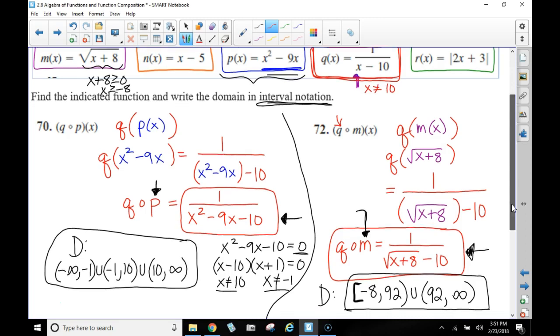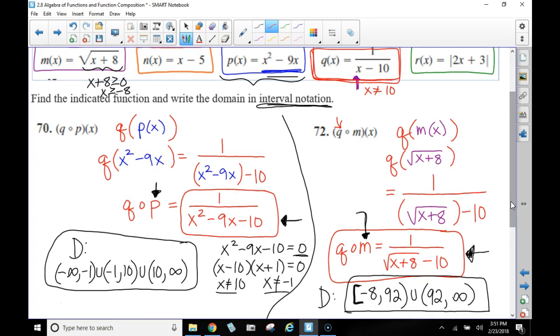Because after we first process input values for m, 10 is okay for m of x. So once it reaches this 1 over the square root of 10 plus 8 minus 10, we do have a real number and not 0 in the denominator. So notice that 10 is in the domain of this function.